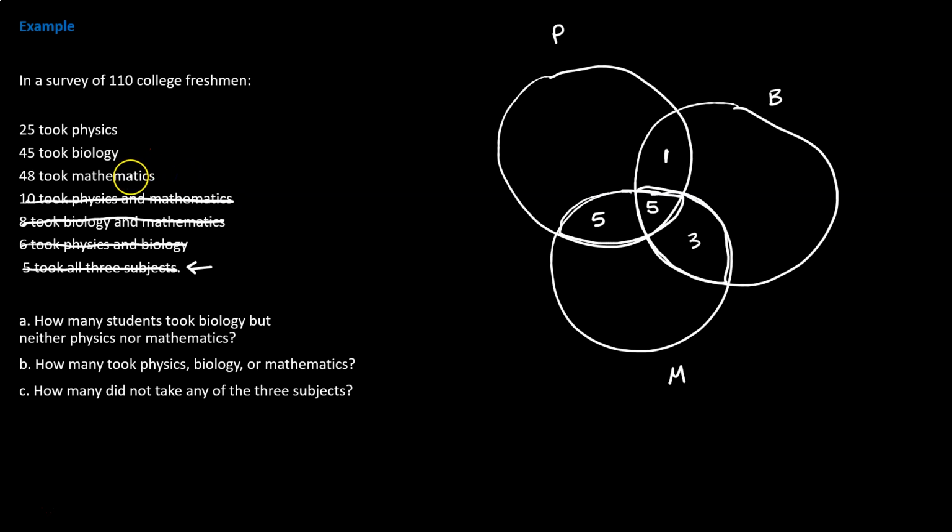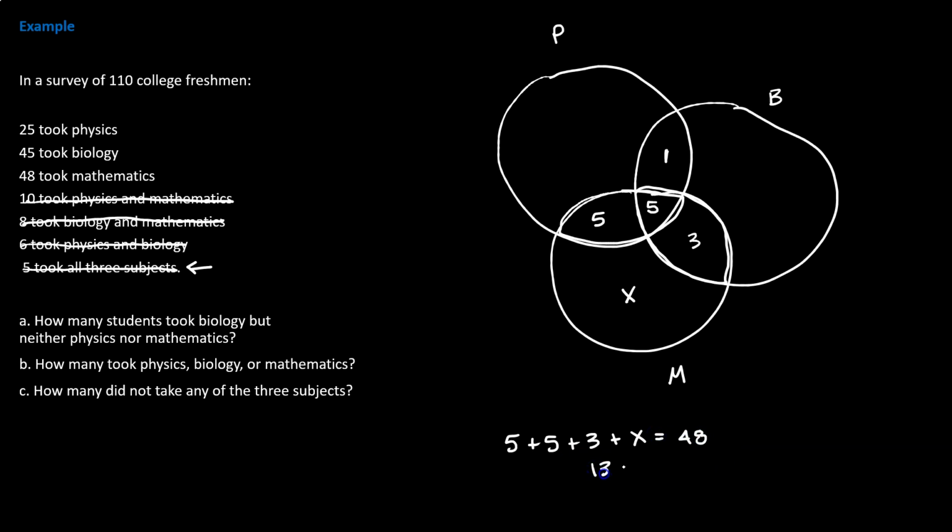In the mathematics circle, we need to have 48. So far we have 5, 5, and 3. We have 13 in the mathematics circle already. So if I put 48 right here, then I would be double counting everybody in the intersection. So instead, maybe I put X right here, and then I say 5 plus 5 plus 3, the students that we already count in the math circle, plus X, the number of students that we don't know, has to add up to be 48.